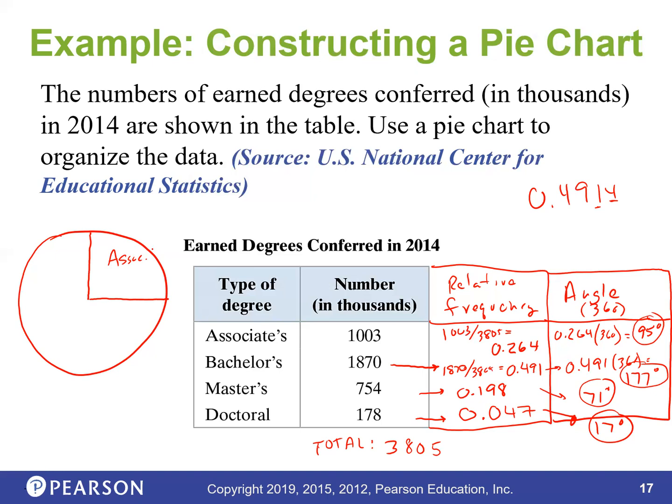And then what we're going to put in here is the percent of the relative frequency. So this was going to be 26.4%. Where did I get that percentage from? Which column? 1, 2, 3, or 4? It's 3. It's this guy here. And we're converting this guy to percents.